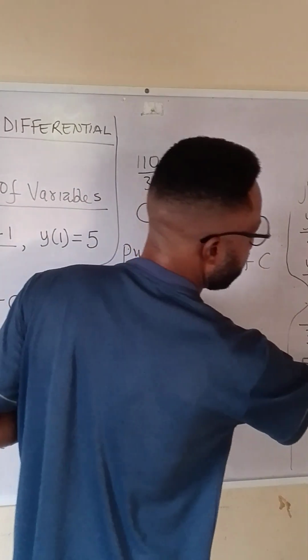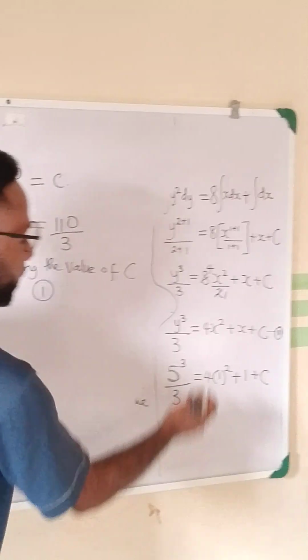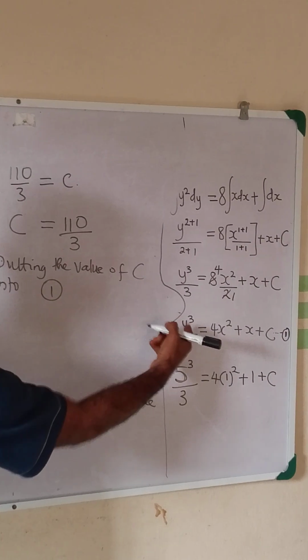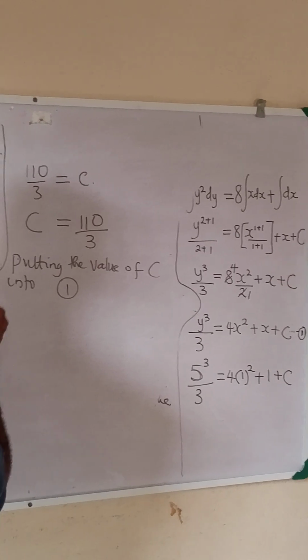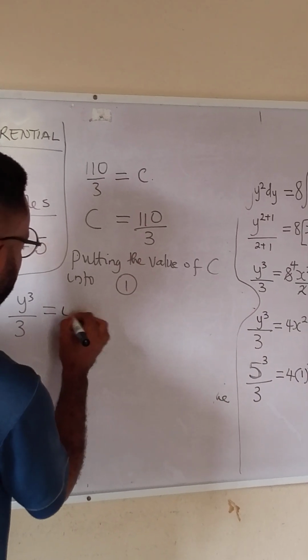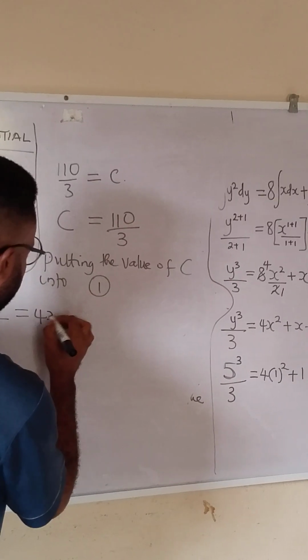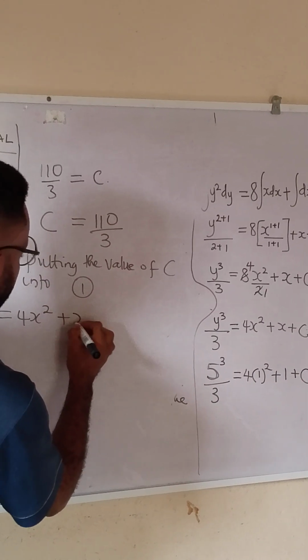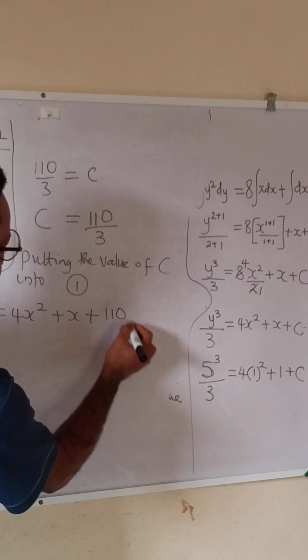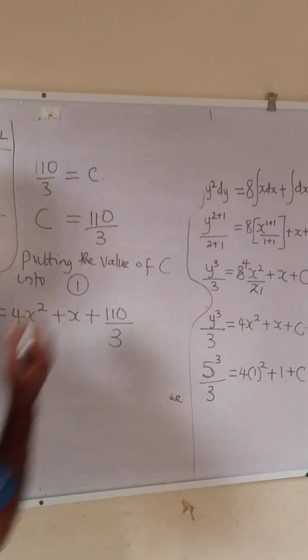If we bring the value of c into equation 1, we are going to have y cubed over 3 equal to 4x squared plus x plus the value of our c, which is 110 divided by 3.